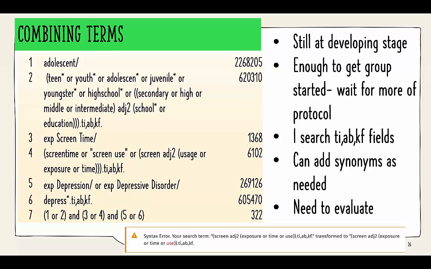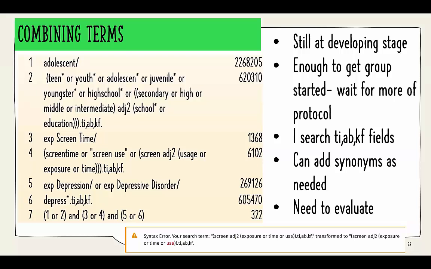So use is one of those stop words in Ovid Medline that is like an action term, just like AND or OR are. And so if you're trying to use the term use, you've got to put it in quotation marks. So I just added that little error that you might have seen come up for you.